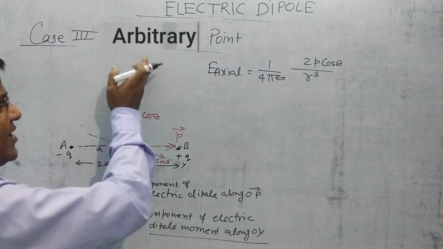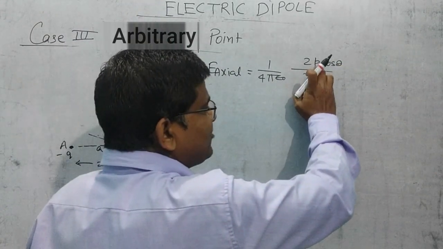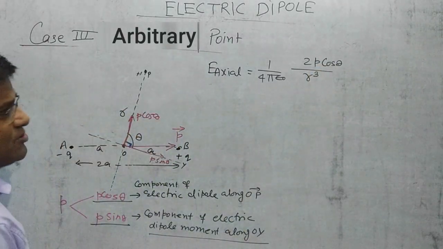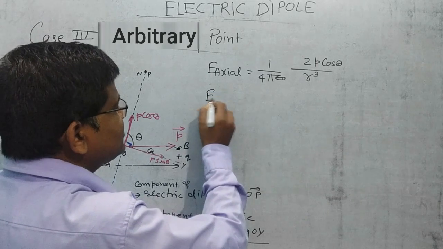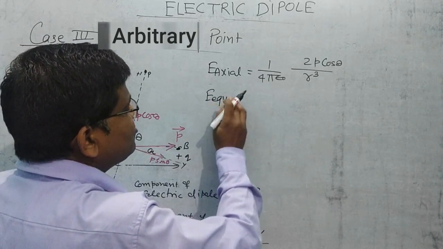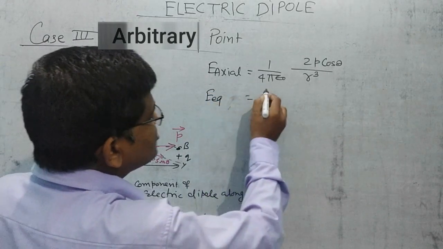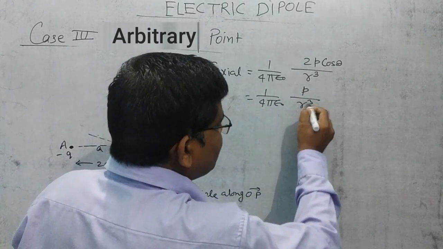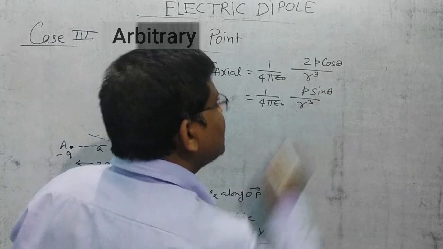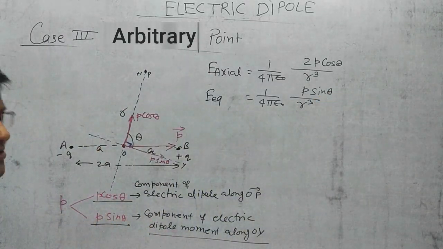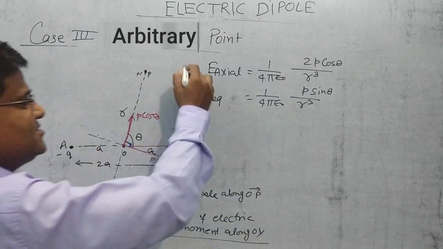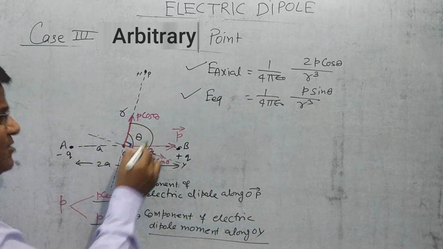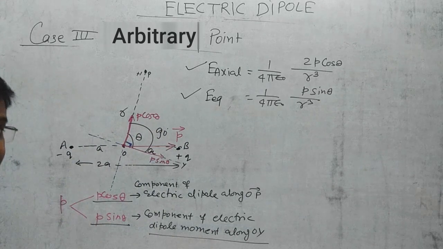Because in the axial direction the electric dipole moment is P cos theta, and that's why I am writing P cos theta. And the other is equatorial, and it is also 1 by 4 pi epsilon naught P by r cube, but I use here P sin theta by r cube. This is the axial, this is the equatorial, and as you know, the angle between axial and equatorial is 90 degrees.